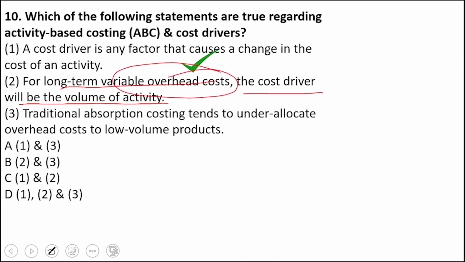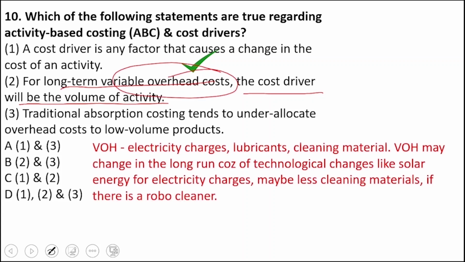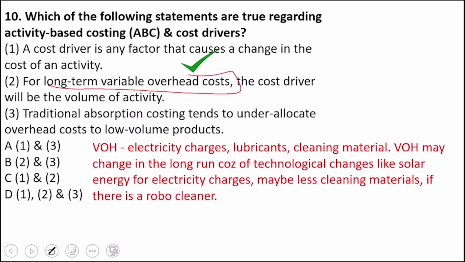Now, what do you mean by variable overheads? Variable overheads are electricity charges, lubricants, cleaning materials, etc. So what they are asking is the long-term variable overheads, that is electricity charges, lubricants and cleaning materials. When taken on a long-term basis, the cost driver is the volume of activity. Do you think this is true?